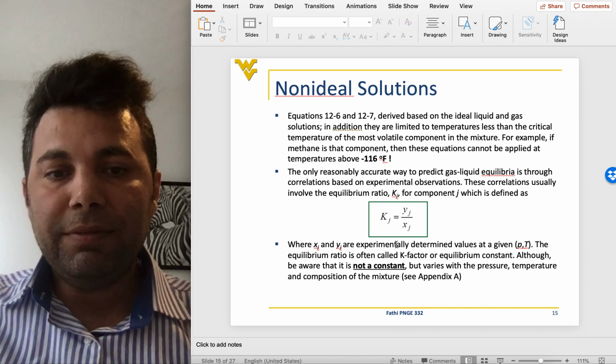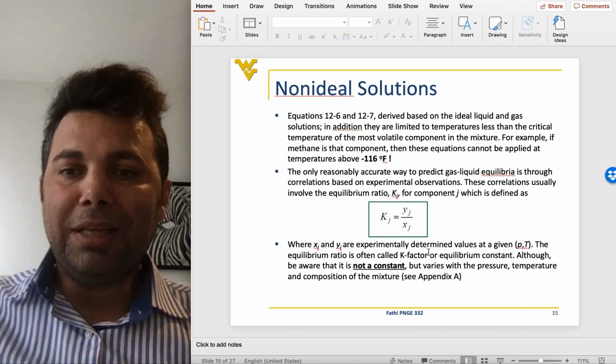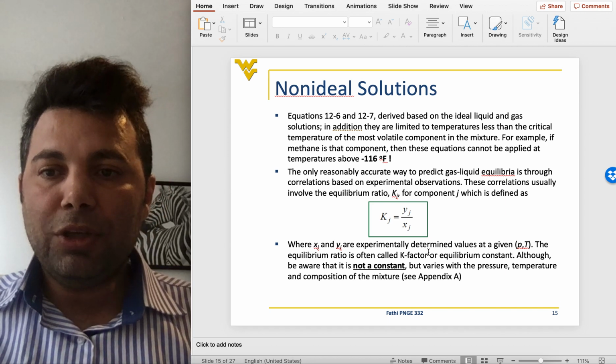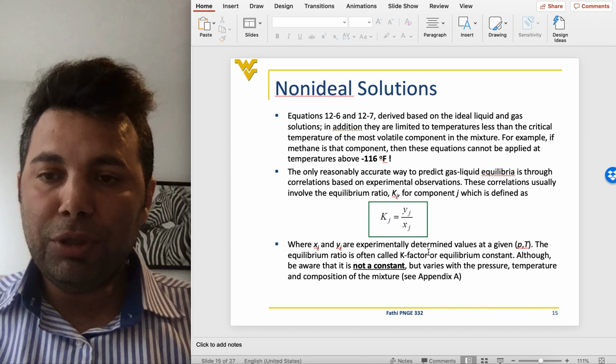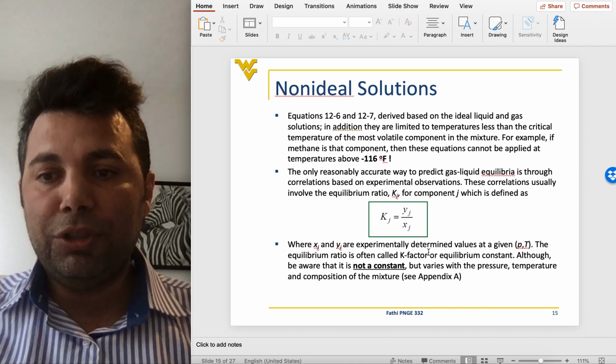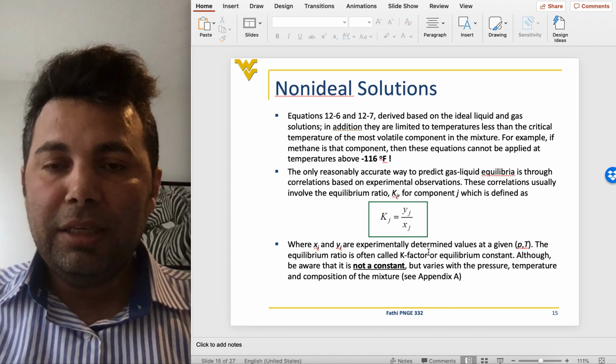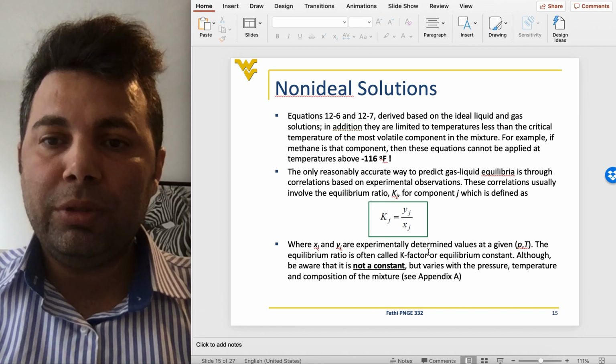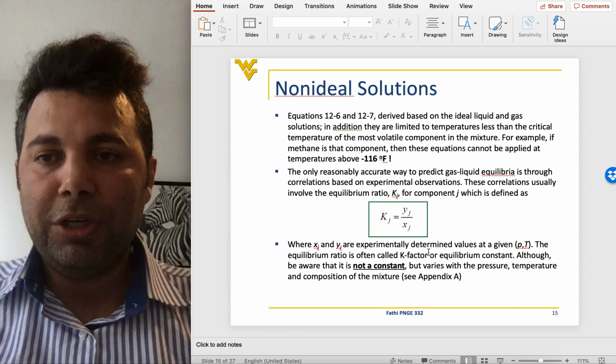Even though it is called the K equilibrium constant, it is not actually a constant number. It's a function of composition, temperature, pressure, and also a pressure called convergence pressure. In the next lecture we are going to visit the convergence pressure and see what that means.